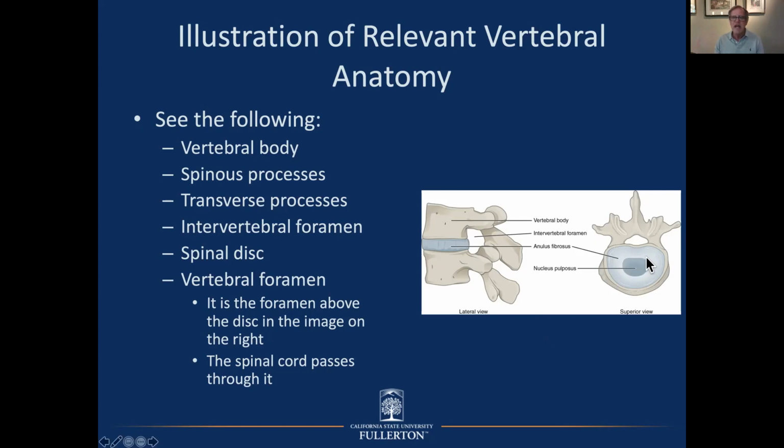So just depending exactly how that disc is herniating and where will set up the signs and symptoms. Let me just throw a hypothetical example at you.